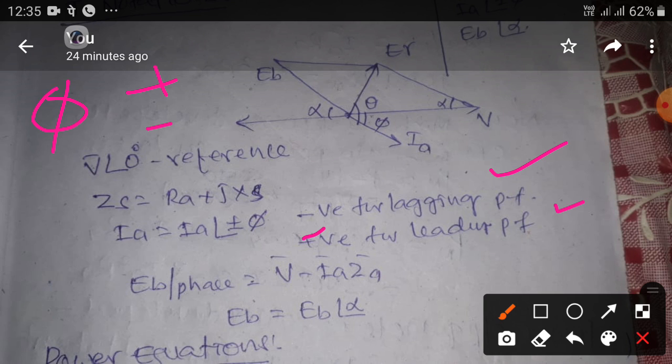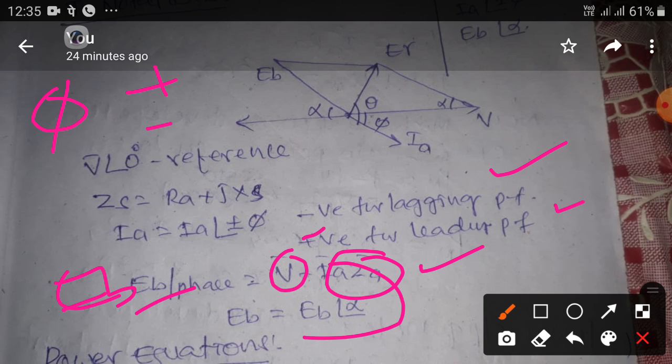Then EB per phase is V minus IA ZS. This is the supply voltage minus IA ZS, and we get the back EMF induced in the motor. So EB is at an angle of alpha.